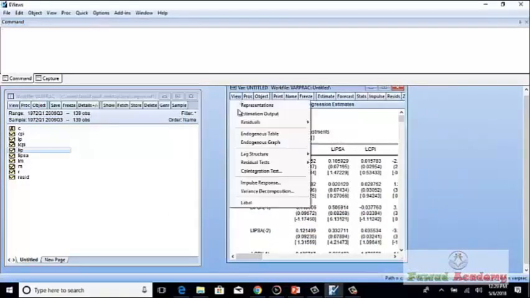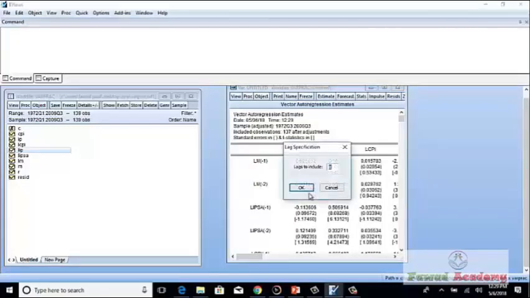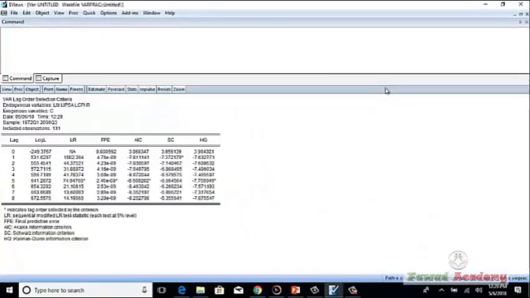Then go to View, click Lag Structure and Lag Length Criteria. Click OK.